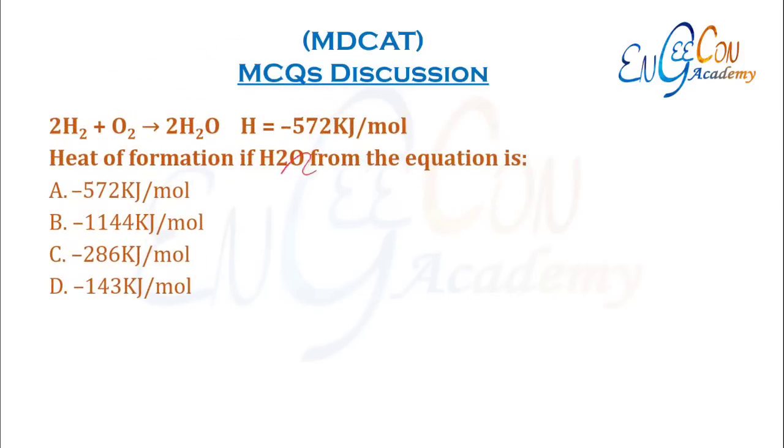Heat of formation of H2O from the equation is. Now here we are getting 2 moles of H2O and heat released is minus 572. Heat of formation is for 1 mole of H2O, which would be equal to half of this value. So half of this value is minus 286 kilojoule per mole.